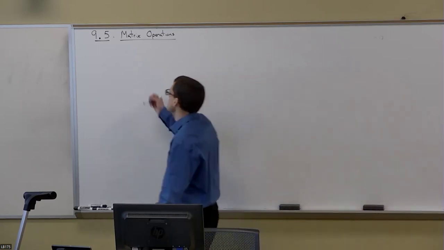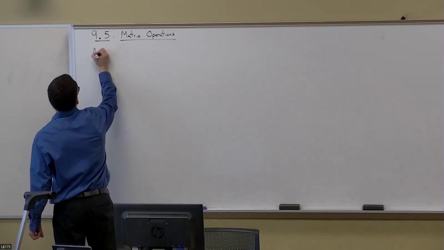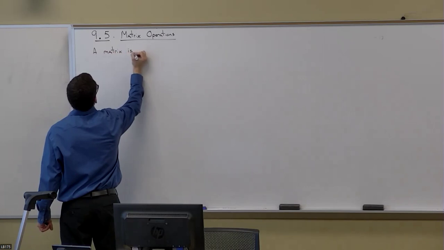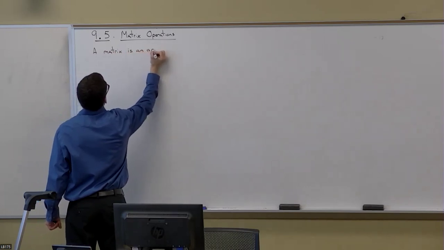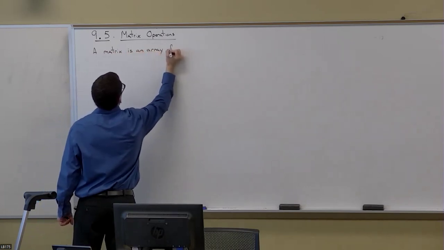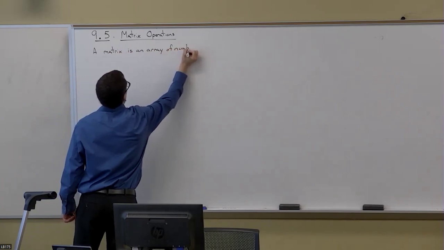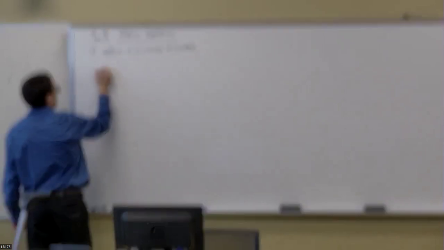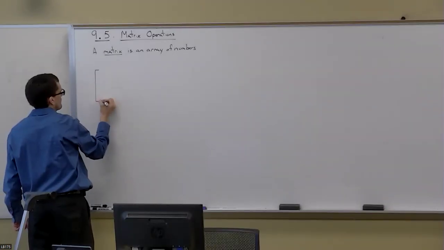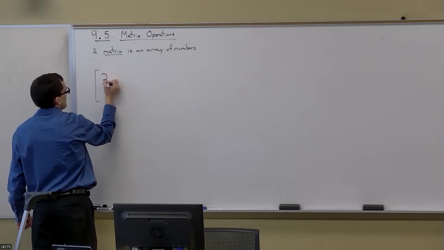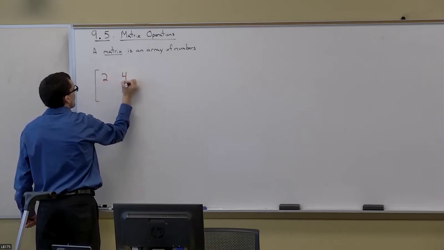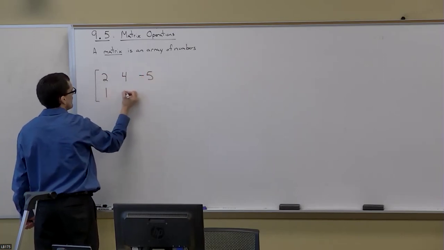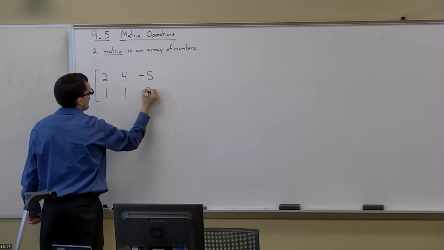So a matrix is just an array of numbers. Let me give you an example. Usually we put brackets around a matrix. Let's say I have 2, 4, -5, 1, 1, 8.